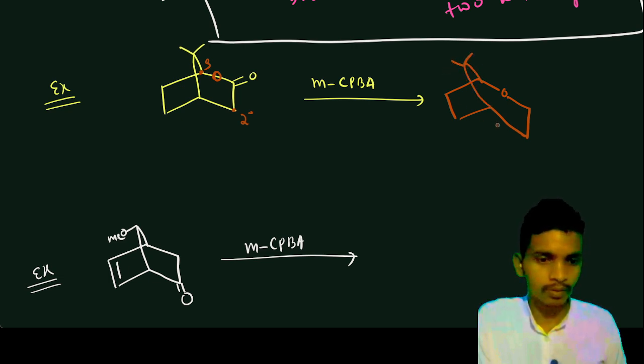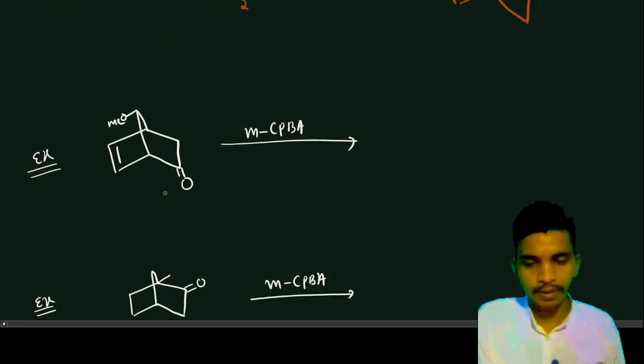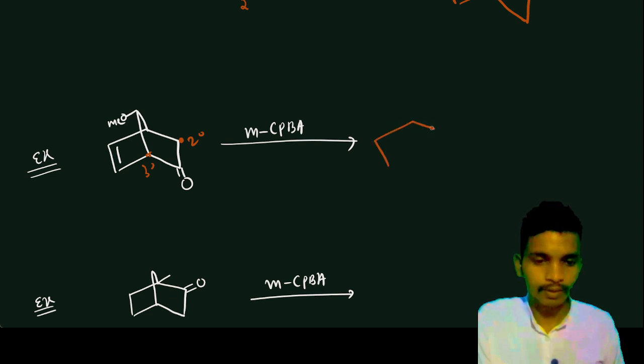Okay, so that is going to be like this. Over here, 3-degree carbocation, so it will add to that. So in this case, C=O, this and this, this is the 3-degree and this is the 2-degree, so O will be added here. O will be here, sorry.